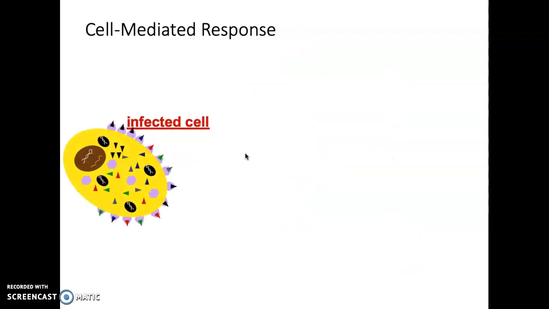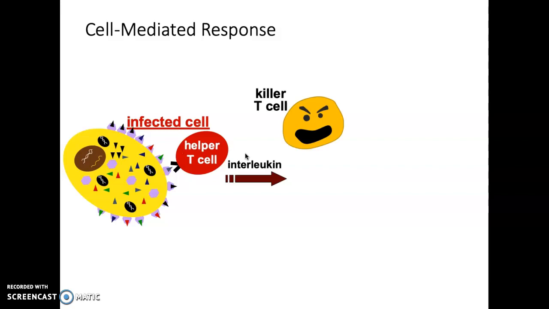So we have our infected cell with the MHC antigen displayed. That tells helper T cells, hey, we got a problem here inside these cells. And that helper T cell is going to release a chemical called interleukin. Interleukin is going to tell those killer T cells, hey, you got to look for this MHC antigen.